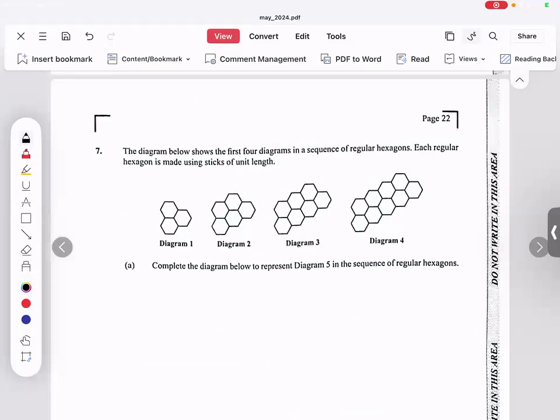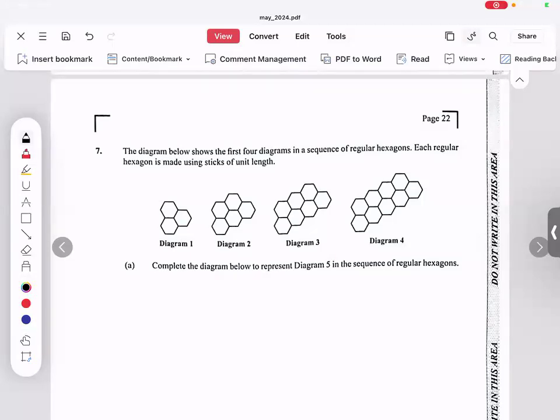And let's move on. The diagram below shows the first 4 diagrams in a sequence of regular hexagons. Each of those is a hexagon, a 6-sided figure.